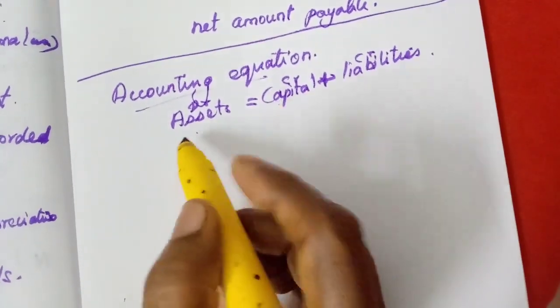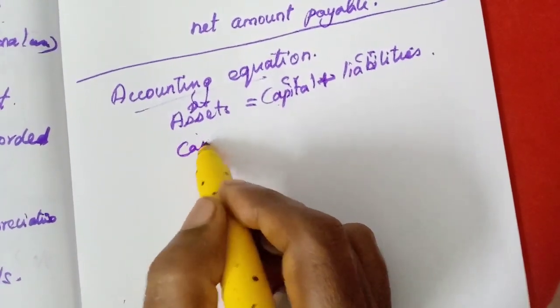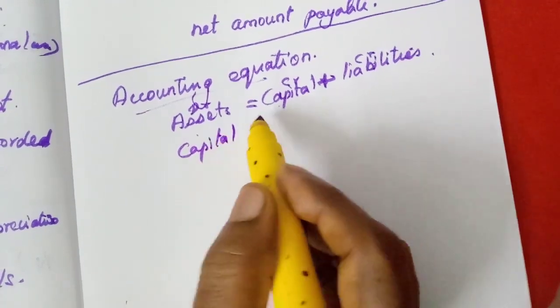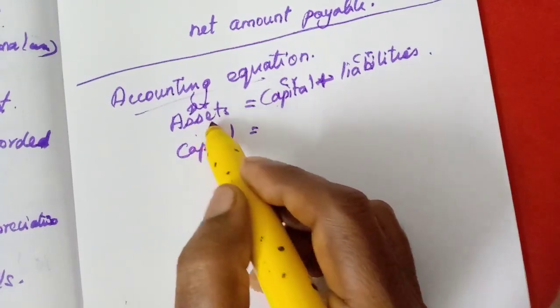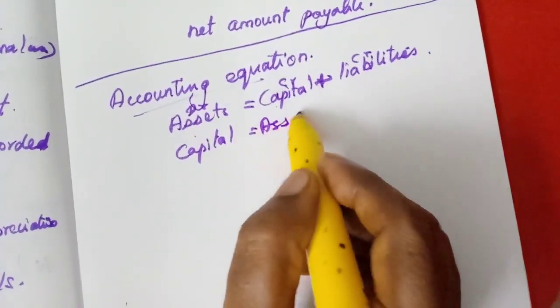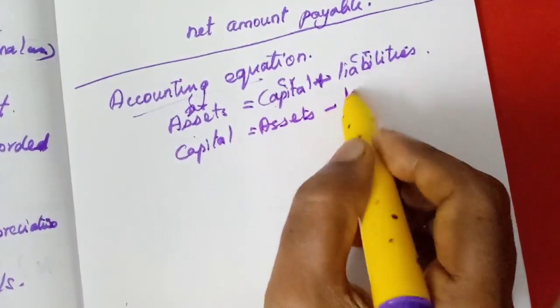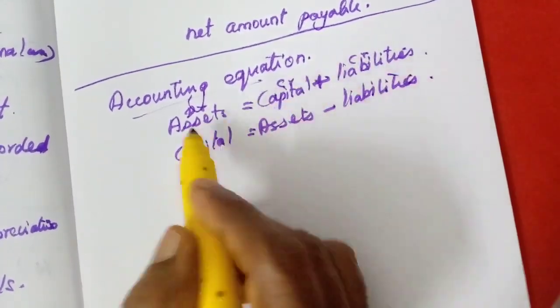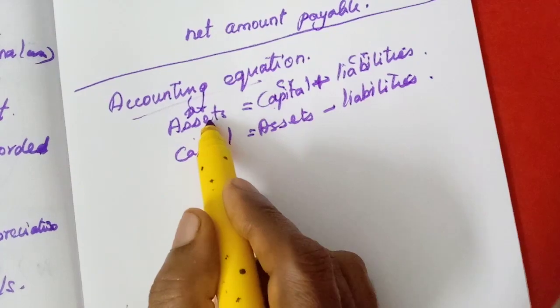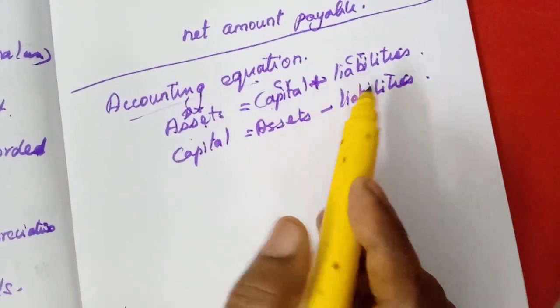If we need to calculate the capital, we can derive this equation in different ways. Okay, we need to get the capital. What should we do? From the assets, we have to deduct liabilities. If we deduct capital from assets, we will get liabilities.